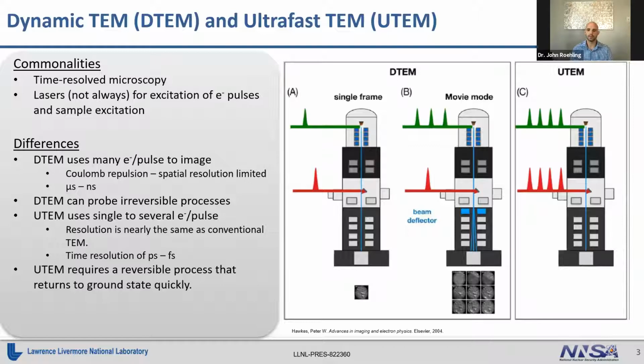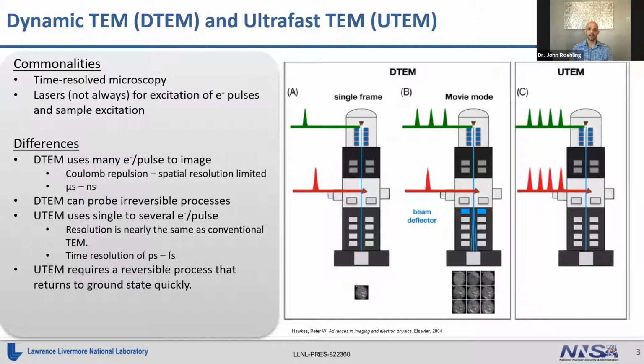That necessarily requires a lot of electrons present in the column at one time. This means you're going to have Coulombic interactions between the electrons, which leads to a blurring effect. That means DTEM is spatial resolution limited compared to a conventional TEM, so you generally will not expect as high a resolution in DTEM as you would in a conventional TEM.